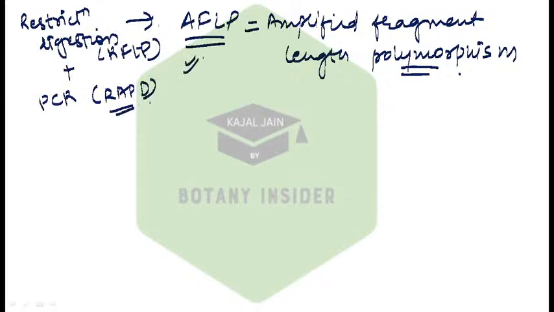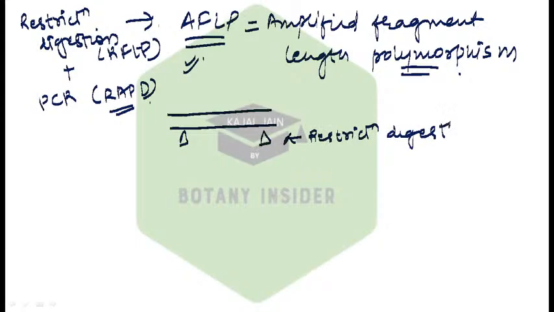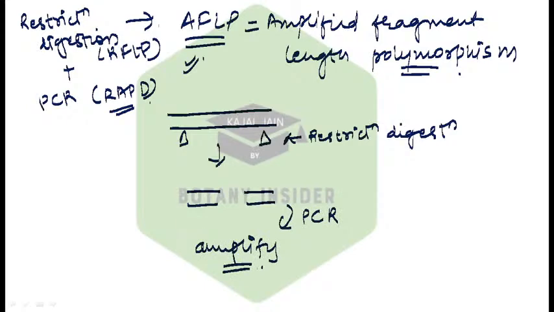So this is the most advanced method that we use. What we do is we have a DNA sequence. First we digest it using a restriction enzyme. Then it is going to generate fragments. Then we run the PCR technique and amplify.